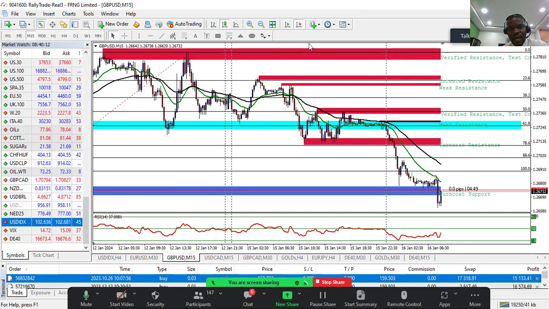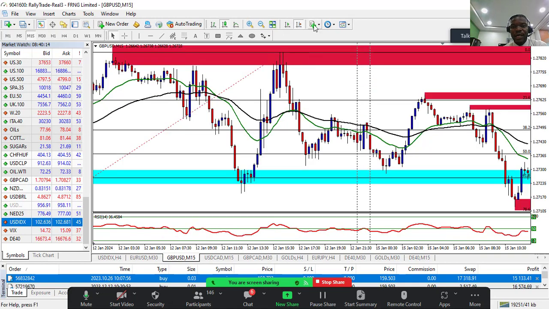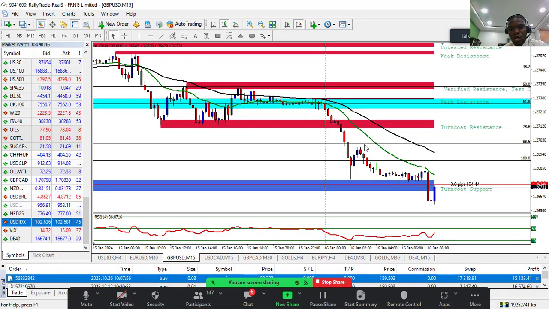But for today, I'm going to give you another entry that is very close to the market price. So let's search and look for that entry. This area, where the price tried to play some move here, is another important area.